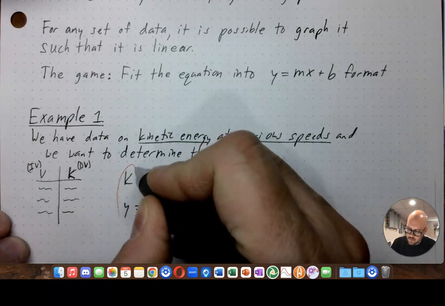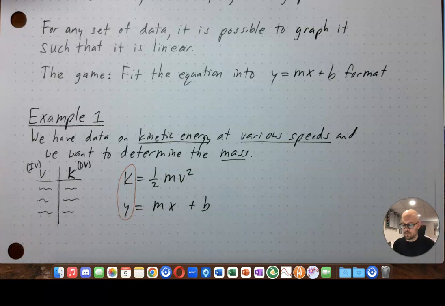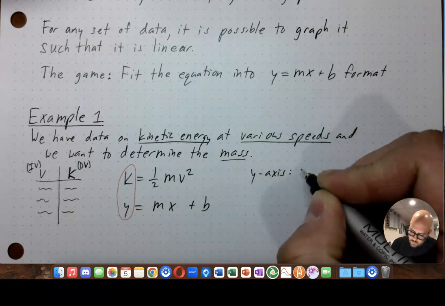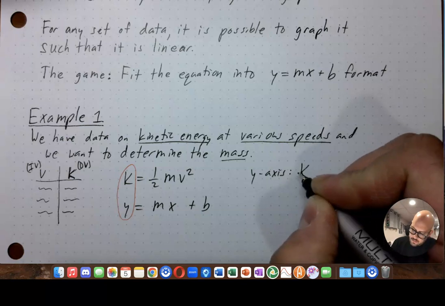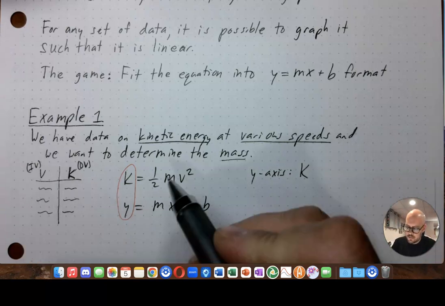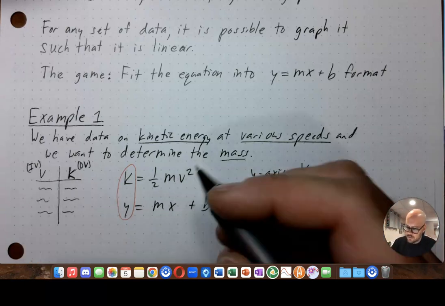So what I'm going to do for my linear graph making is on the y axis, I'm going to graph kinetic energy. That's nothing spectacular. Now, the other variable I have is speed, and it's speed squared instead of just speed.